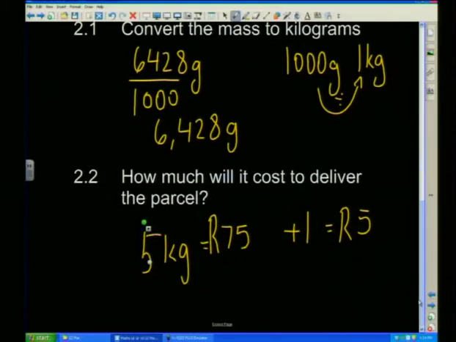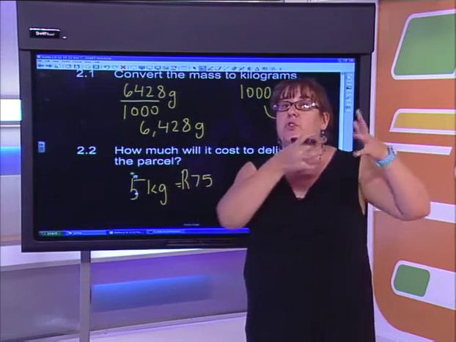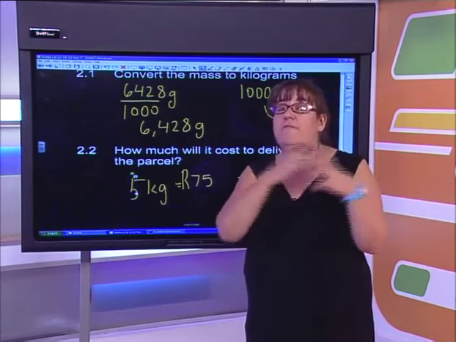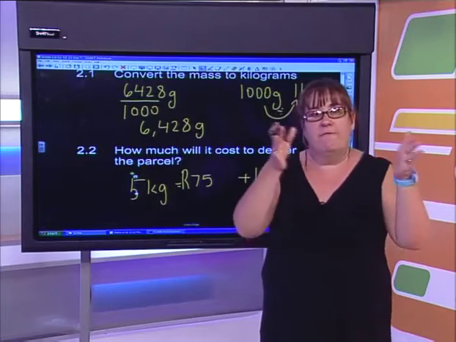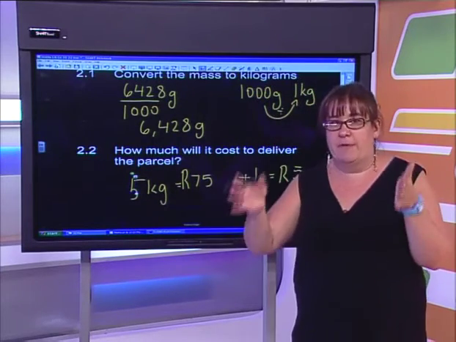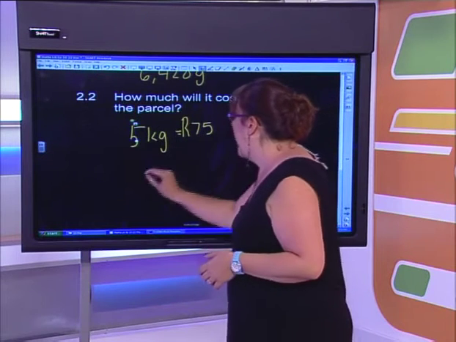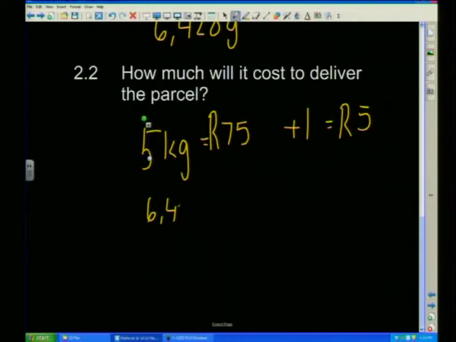Now my question to you is, how many kilograms are we sending? Now the question doesn't say anything about being able to round off or being charged for less than a kilogram. We're paying for every additional kilogram up to a kilogram 5 Rand. So what we actually need to do is our 6,428.